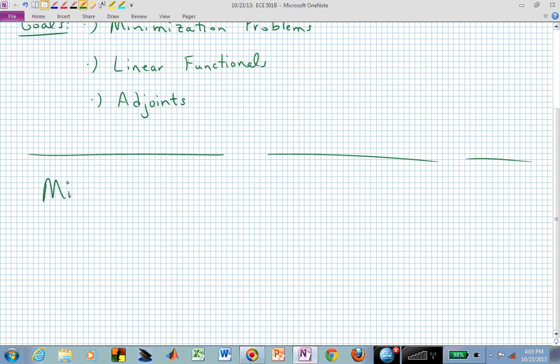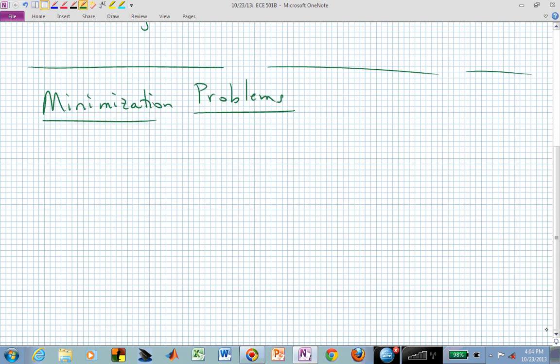Let's now talk about minimization problems. Again, these may look very abstract, so you may want to start putting some vectors as illustrations so that you can work through these. But it happens a lot, these minimization problems.